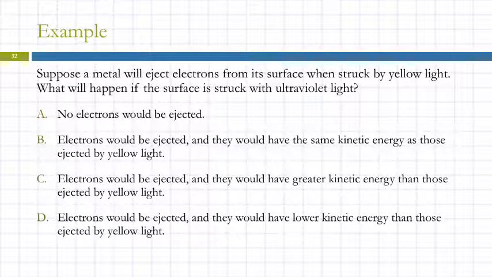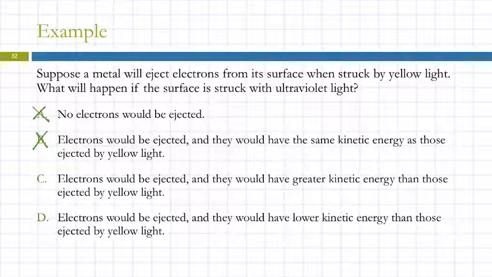So if yellow light has enough energy to just kick them out, then what will ultraviolet light do? Would it cause no electrons to be ejected? No, that's not true because it's got more than enough energy. So that's not right. Electrons would be ejected and they would have the same kinetic energy as those ejected by yellow light? No.